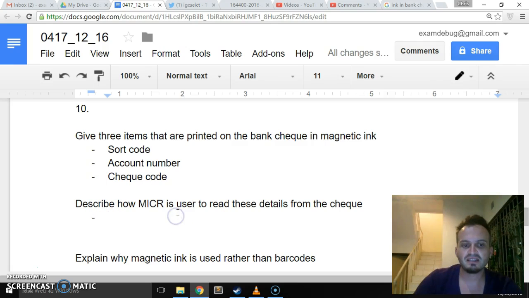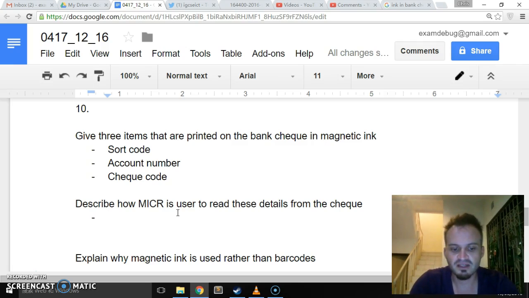Describe how MICR is used to read these details from the check. So we're talking about the process involved here. And if you weren't sure, you guessed, oh well, OCR, optical character recognition, is like this, then hopefully it will work.